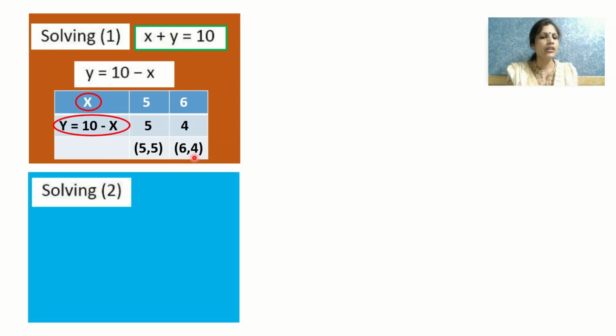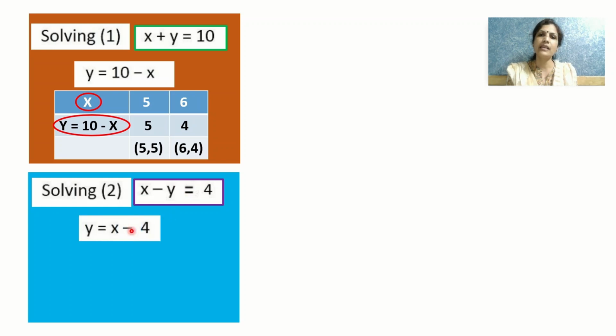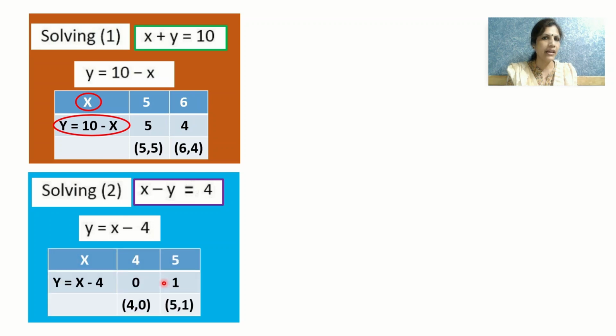Our next equation is x minus y is equal to 4. And as I said, we'll try to keep y towards the left. So our equation is y is equal to x minus 4. In the table, again we will write x and the y coordinate, but y is equal to x minus 4. Try substituting the value of x here, that is of your choice.